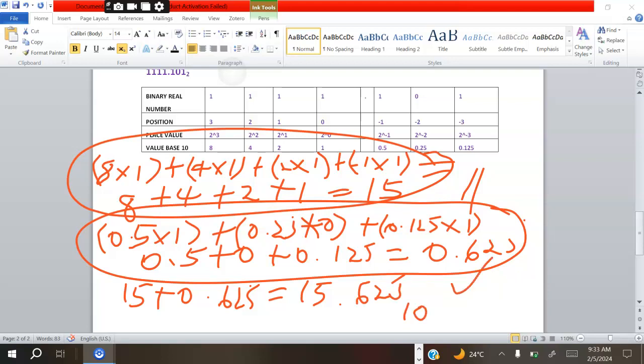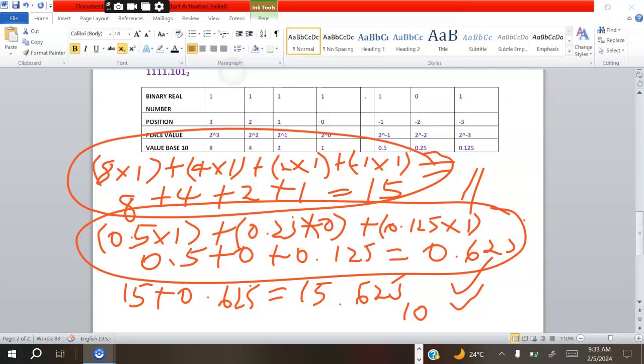And this is now the final answer. So I think up to that point, we are on the same page on this particular concept of number conversion from binary to decimal.